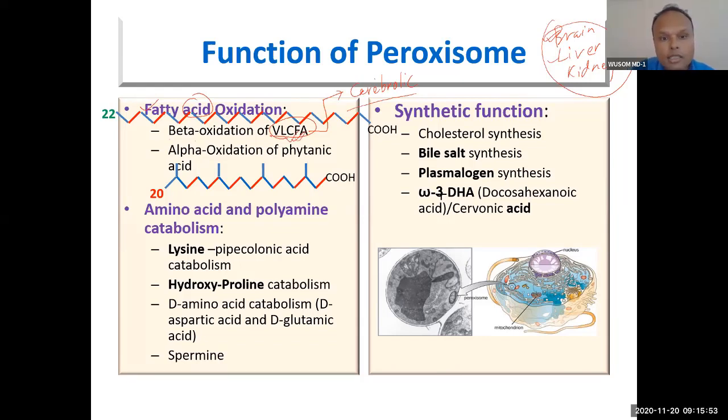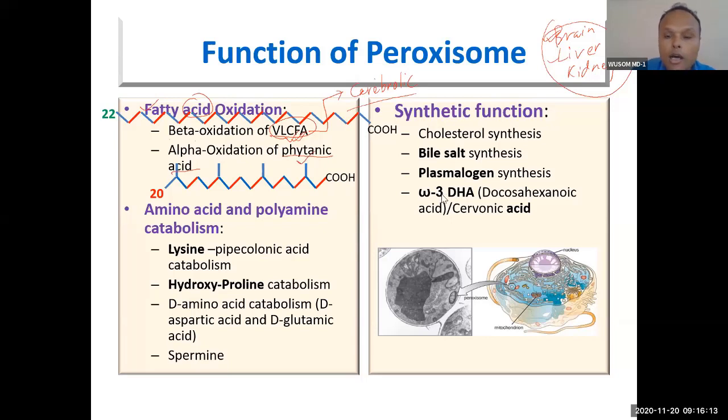Now phytanic acid comes from dairy products or the meat that people take from goat, from cow, or any such cattle milk or cattle meat. They have phytanic acid.